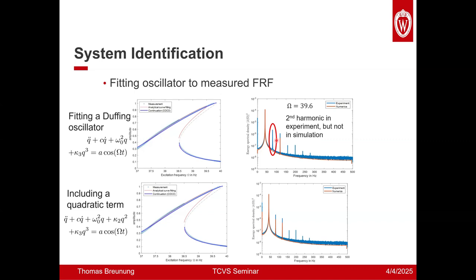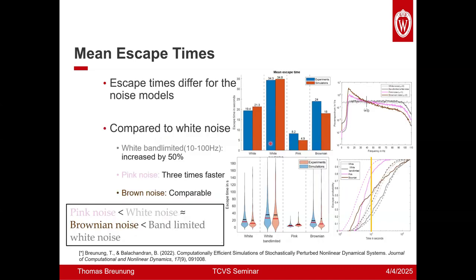To account for this effect and have a more accurate representation, we added a quadratic term, which alleviates, at least to some extent, the inaccuracy of the model. Having done that, we were able to study those escape times.